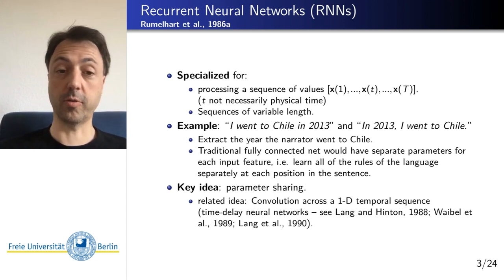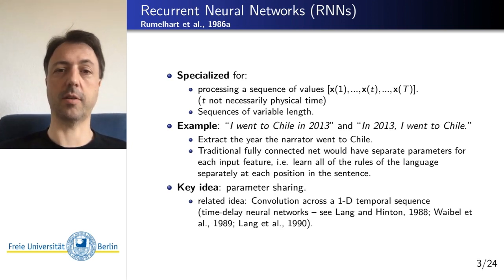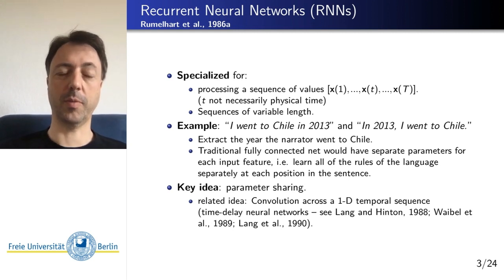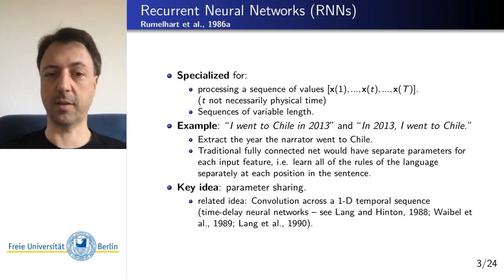So in convolutional neural networks, we had the situation that, for example, certain features of an image could appear in different places in the image, but they should be recognized nevertheless. A cat is a cat, no matter if it's in the top left or in the bottom right of the image.